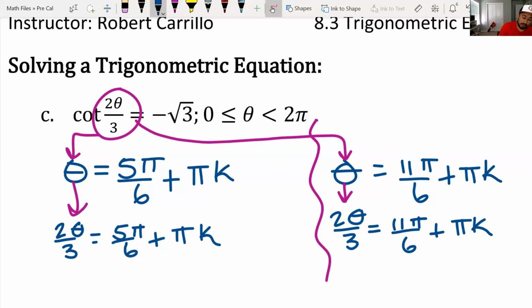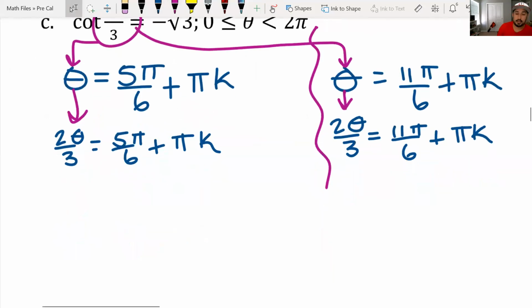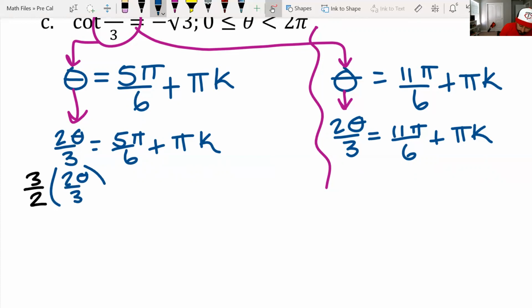Okay, and now we just want to solve for theta, so we have to make this look clean. You can divide everything by 2/3 or multiply everything by the reciprocal, 3/2. That's what we'll do here. We'll say 3/2 times 2 theta over 3 equal to 3/2 times 5 pi over 6 plus pi k.